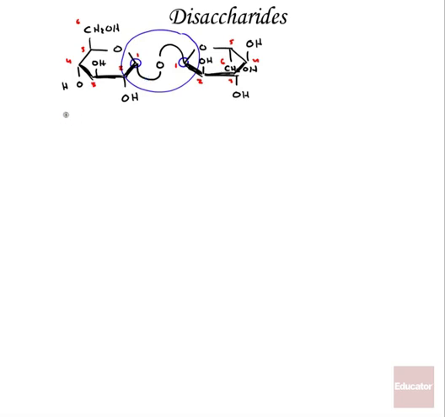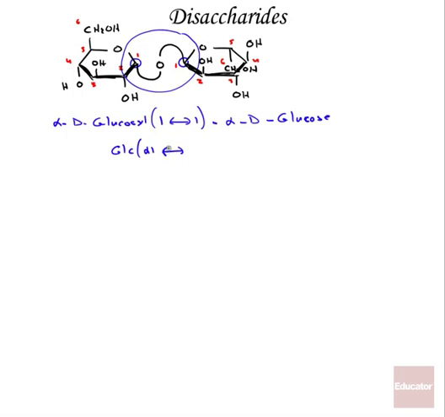So this is alpha D glucosyl 1 double arrow 1, double arrow when you're connecting anomeric carbons. Alpha D glucose. The shorthand notation, GLC for the first monosaccharide. Alpha 1 configuration.